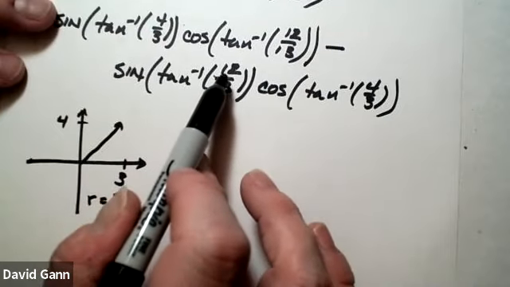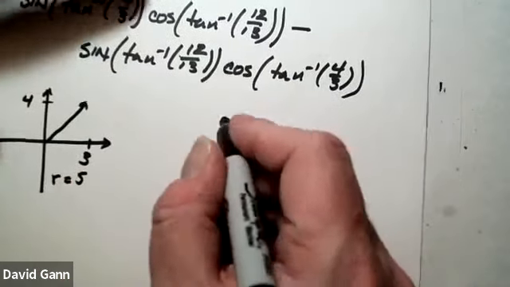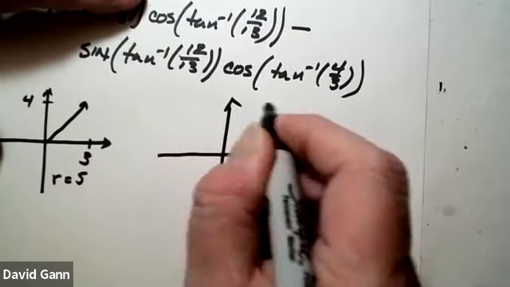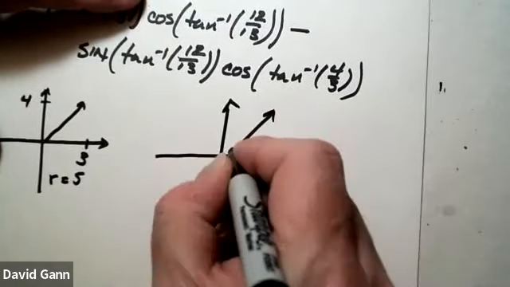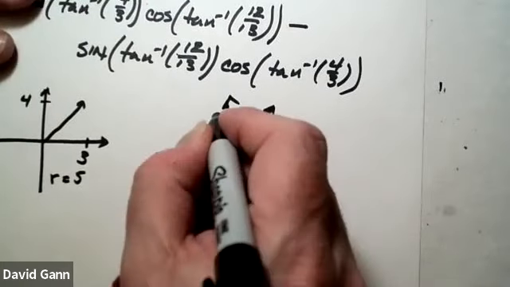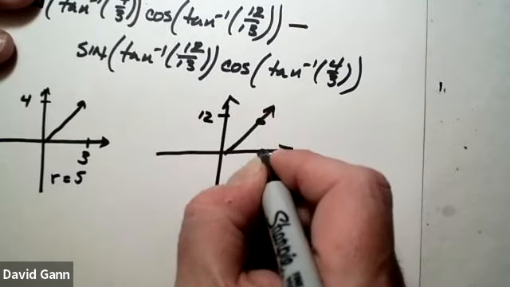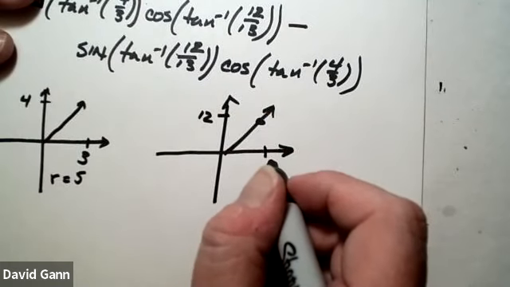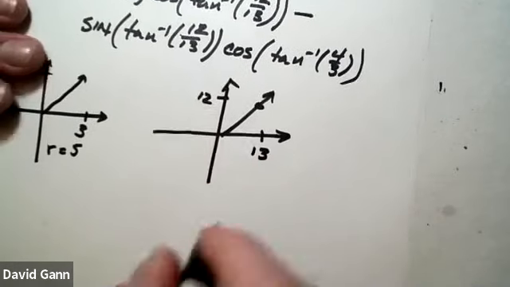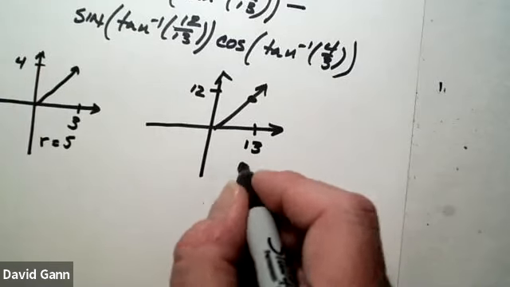Okay? Now this other one, inverse tangent of 12 over 13, that's a different angle, but it's still in quadrant 1. And there is a point out here on the terminal ray that has a y value of 12 and an x value of 13. Now it turns out that this is going to be something ugly, but let's just see.